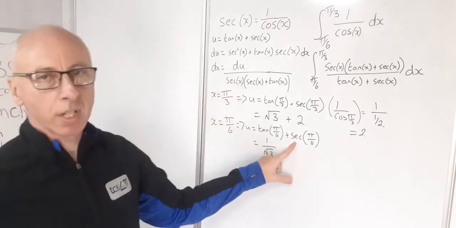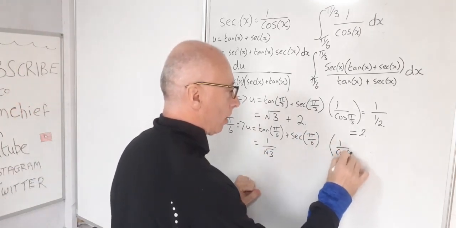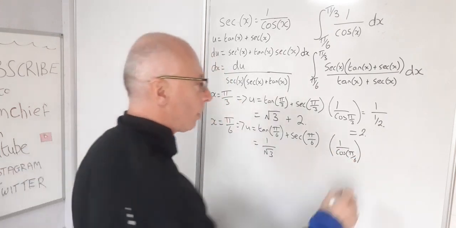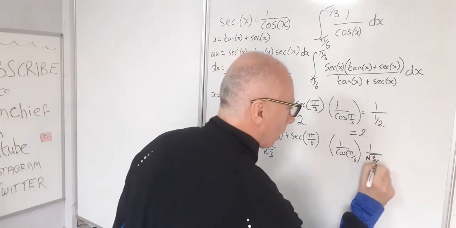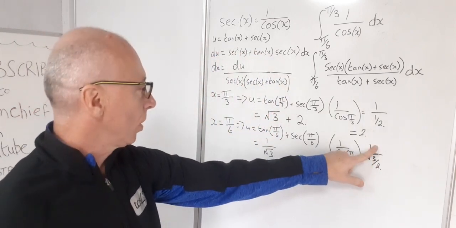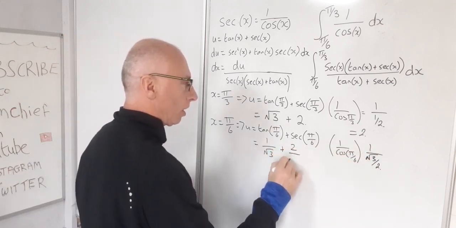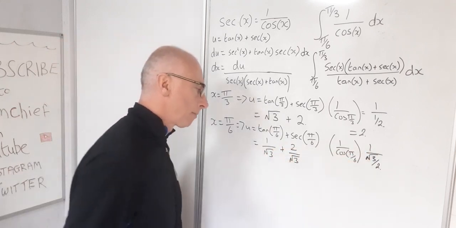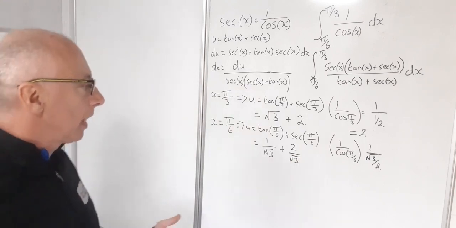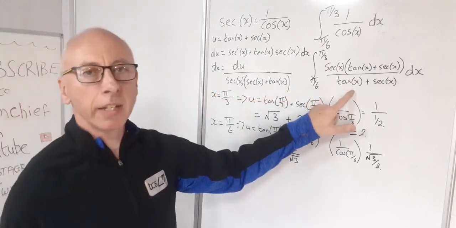And secant pi over 6, as we did here, is 1 over cosine pi over 6, so that is 1 over square root of 3 over 2. Taking the reciprocal of that, we put the 2 on top, and that gives me 1 over root 3 plus 2 over root 3. Okay, great stuff.